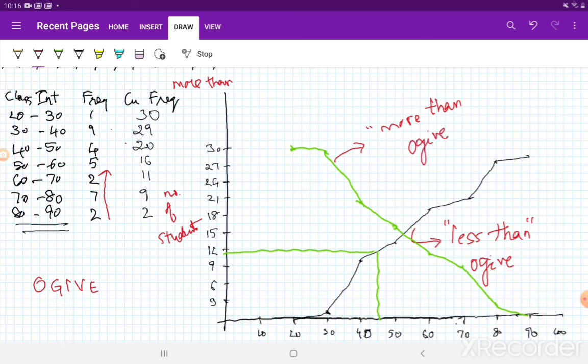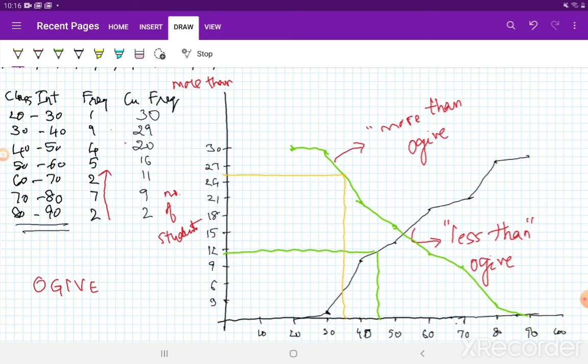Again, with this curve, I can say something like the number of students getting more than $35 is approximately 25.5.